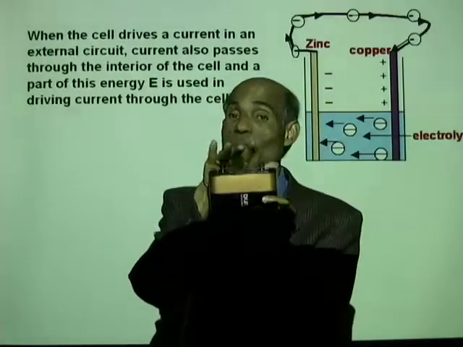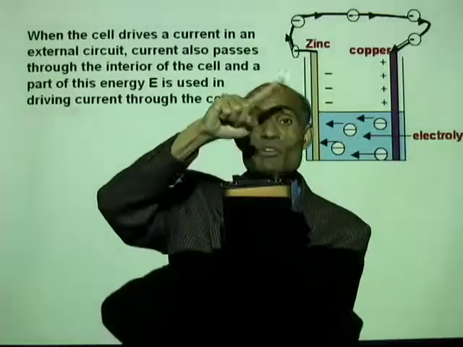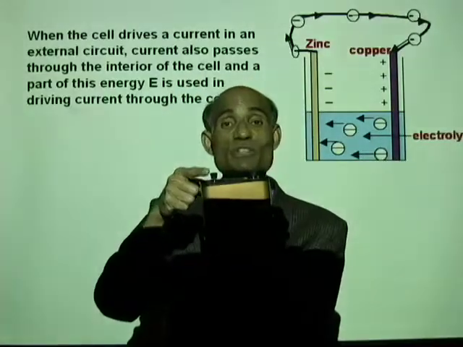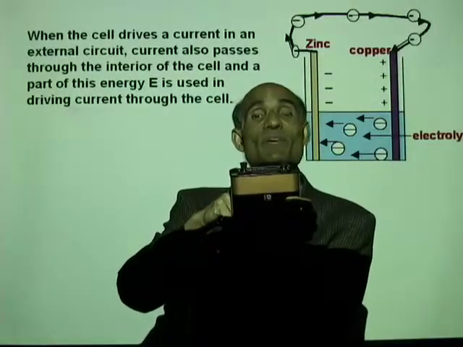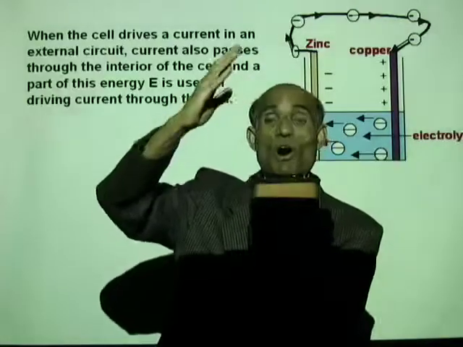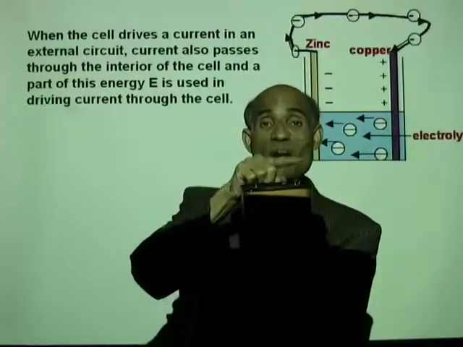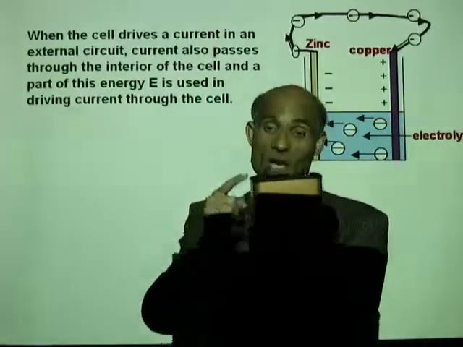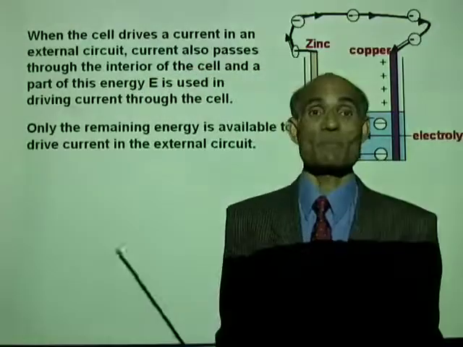That means when current flows, energy is used to drive current externally through the conductor and also internally through the cell. The electromotive force is actually the sum of the two energies. Energy that is available to drive current externally and also to drive current internally.